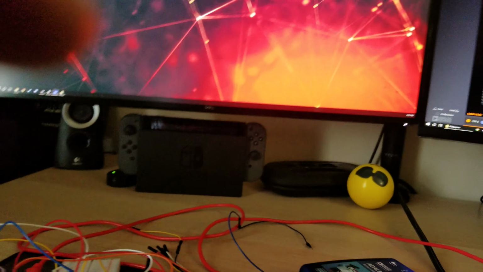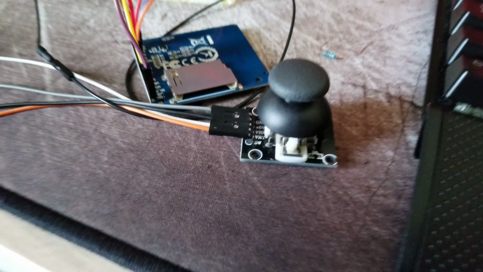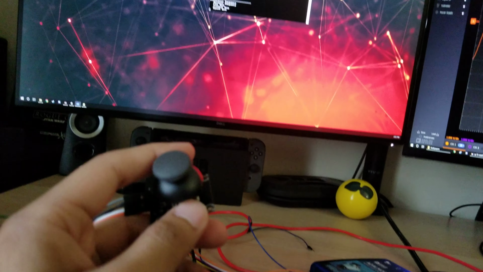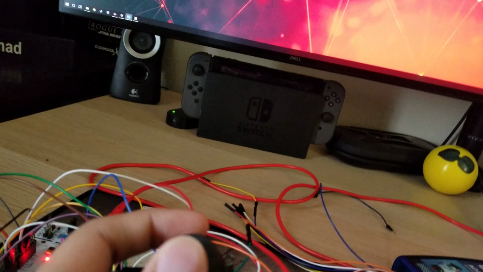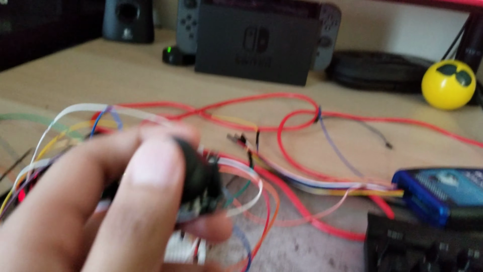So basically, the gist of it is that this joystick is used to control the menu. It might be a little hard to demonstrate exactly, but moving this down moves the cursor on the menu.